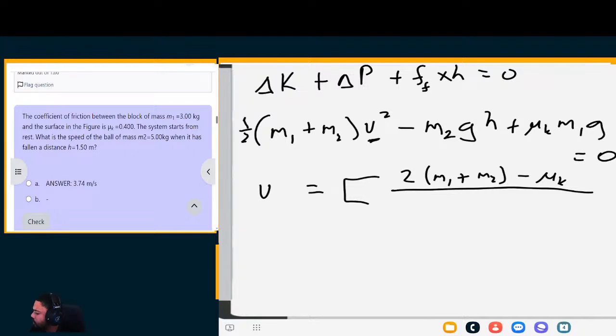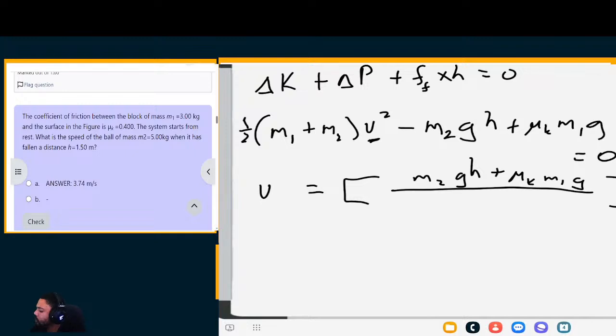Excuse me, I wrote wrong here. If it's equal to 0, you take both of them over. This is going to become m2 gh plus mu k m1 g.